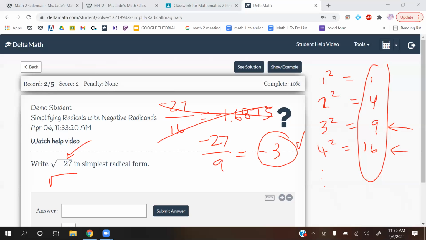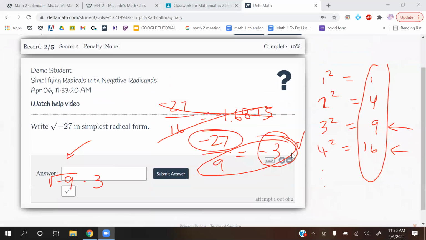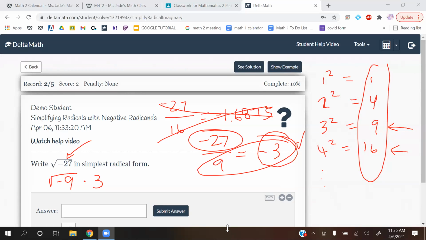So I'm going to rewrite negative 27 as negative 9 times positive 3, because 9 times 3 will give us 27. And I just put the negative with the 9 because we're going to square root it to get the i out of it. Let me scroll down a little bit. Oh, I guess there's no scrolling.